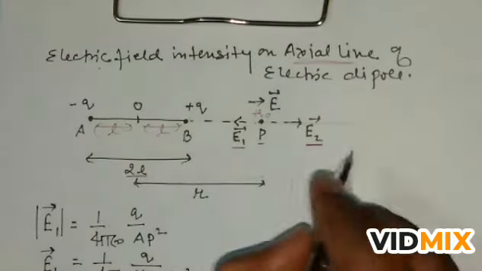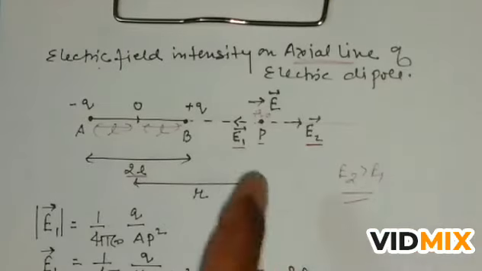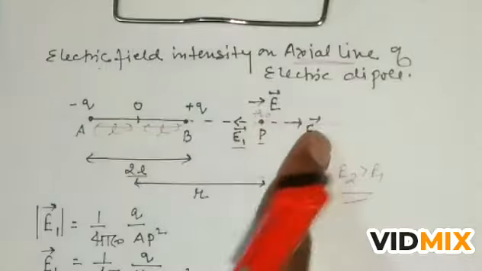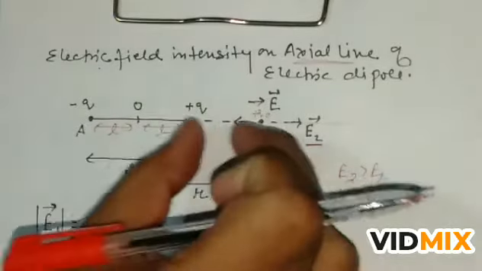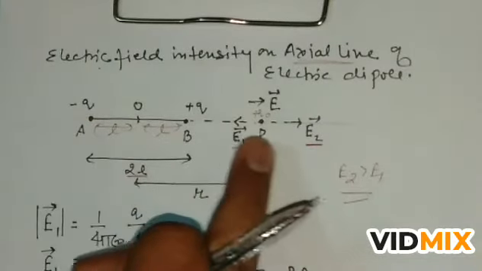So E2 is more than E1. It is very clear from this diagram, E2 is more than E1 because this point is close to this point, R is less, so E is more, and for this minus Q, this point is farther, so the electric field intensity at point P due to this minus Q is less than E2.